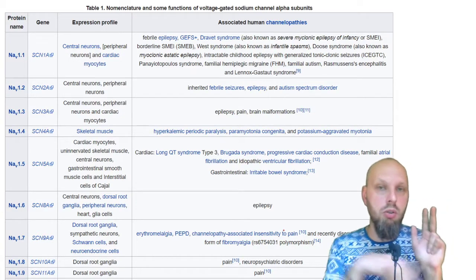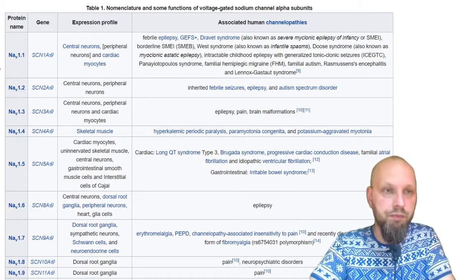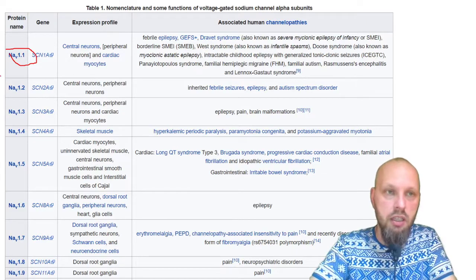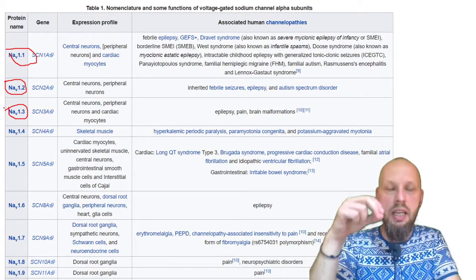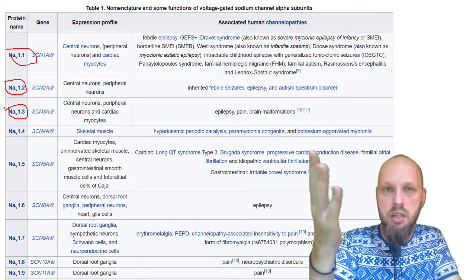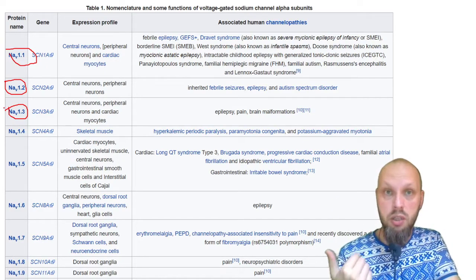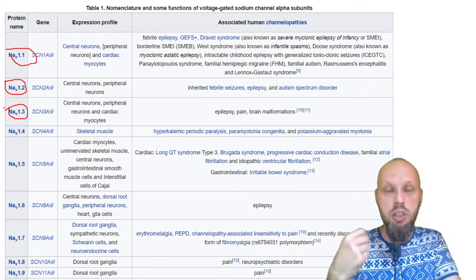Learning point number 2, as you can see, there are lots of different types of voltage gated channels. And they have names, as you can see. So they're all like Na, which is sodium, V, which is voltage gated, and then numbers. So there are all these subtypes of channels, all these different genes, channels corresponding to different genes that we talked about.